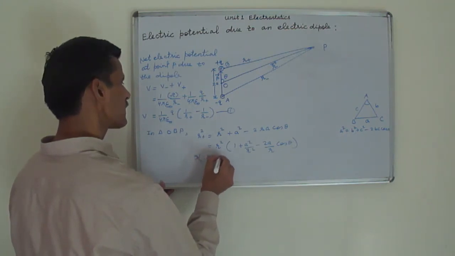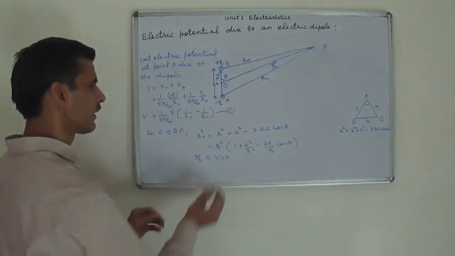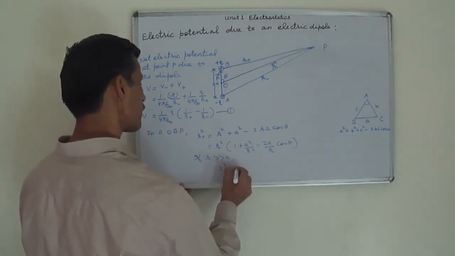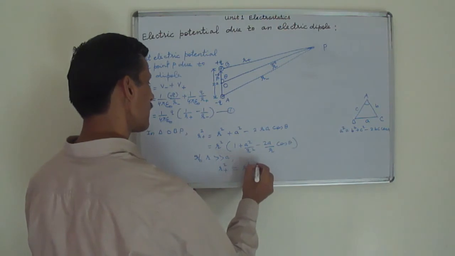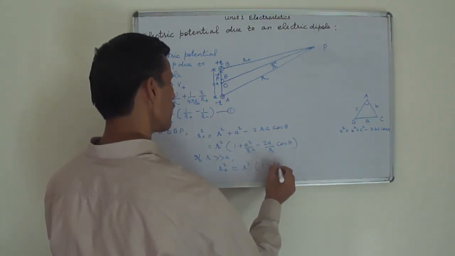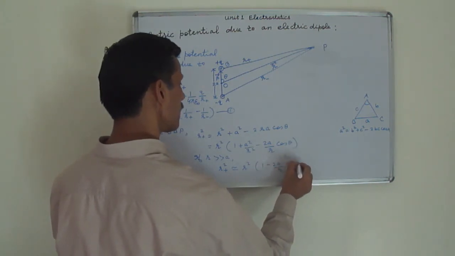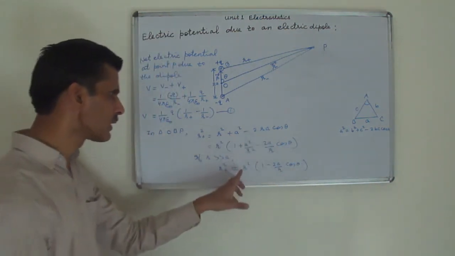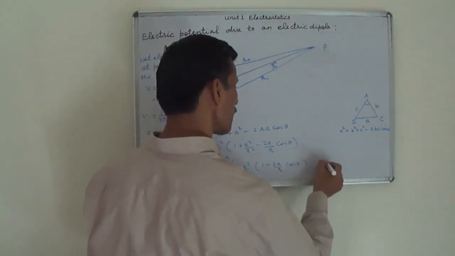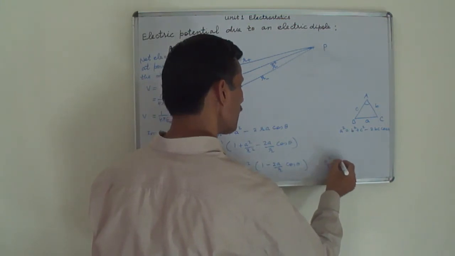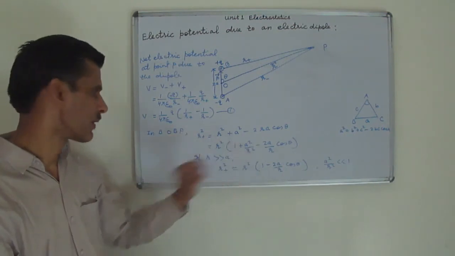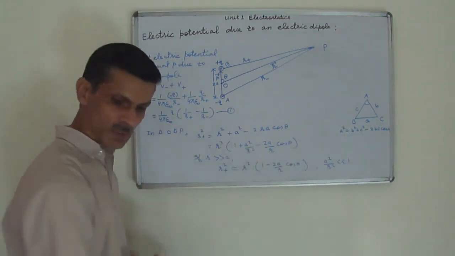If r is much greater than a, in this case r plus square is approximately equal to r square, 1 minus 2a upon r cos theta. Since r is much greater than a, a square upon r square is much less than 1, and it can be neglected here. So you have this relation.